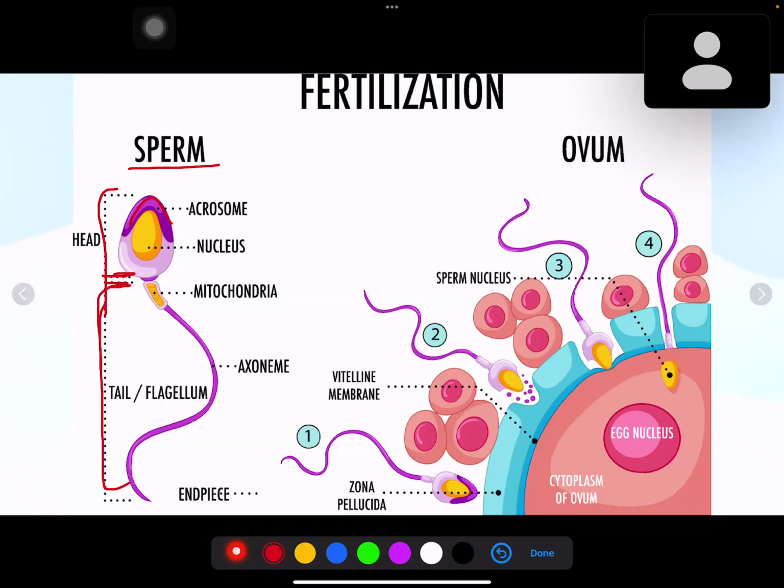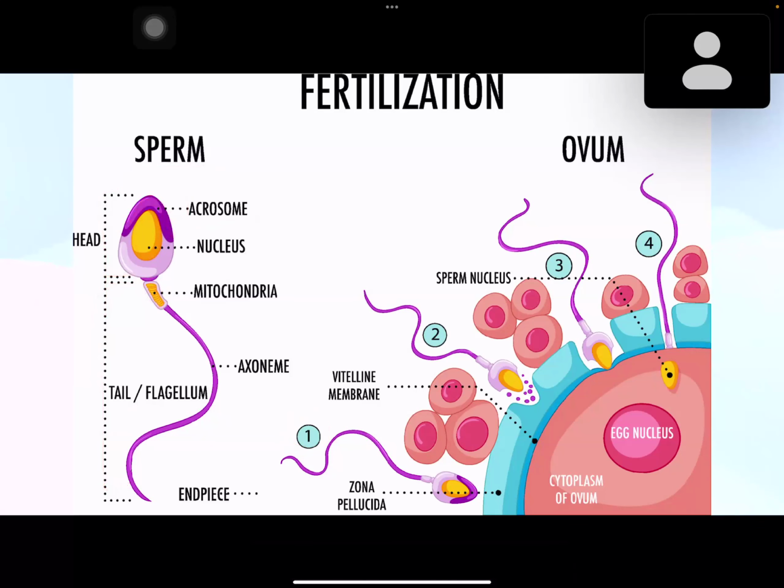The acrosome is the anterior-most, topmost part of the head, then the nucleus, then the mitochondria in the tail, and then the flagellum, or tail. So first would be capacitation and the acrosomal reaction.